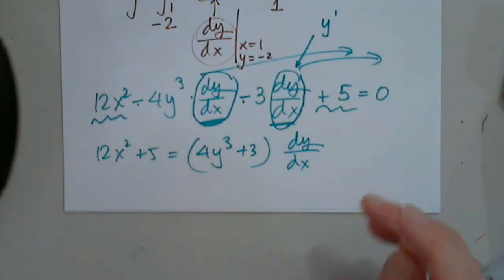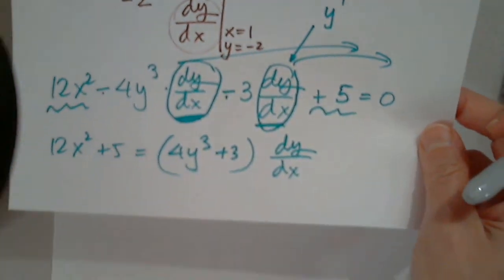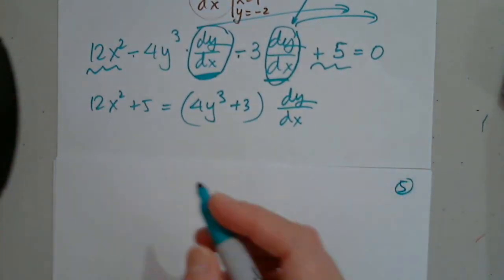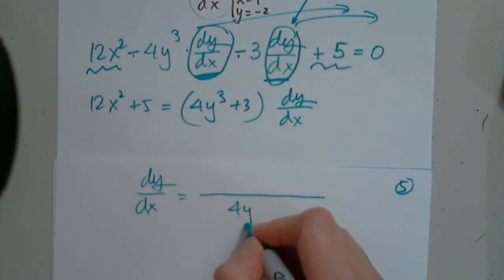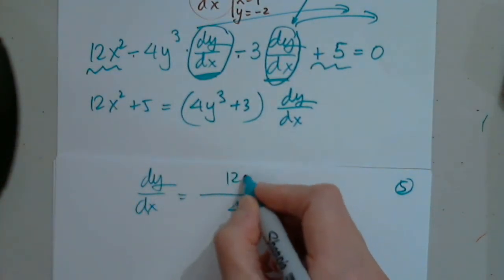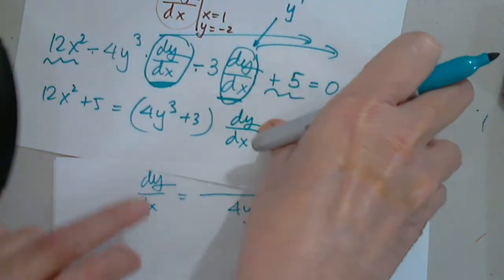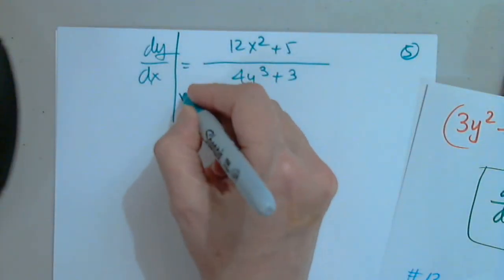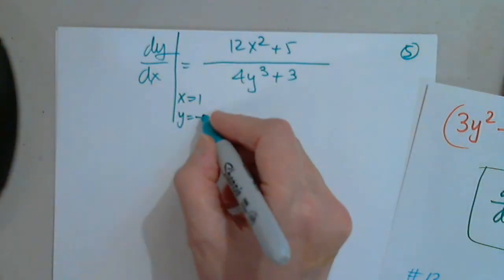So now how do I determine dy over dx? What will be the next step? Anyone? Do you divide by 4y cubed plus 3 on the other side? Yes. Excellent. Very good. So now all I have to do is plug in 1 and negative 2 respectively. It was 1 and negative 2, correct.